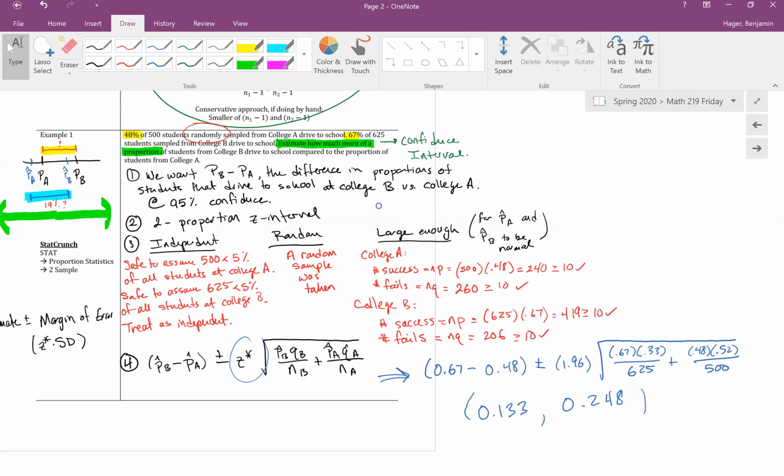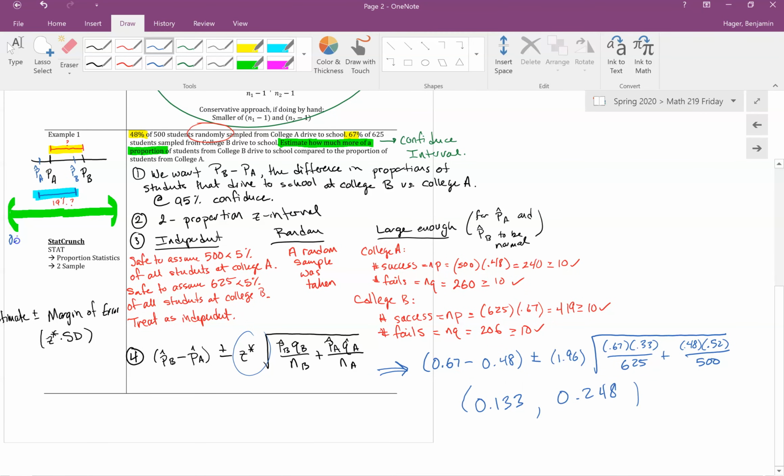All right, so again, this is my window up here, 0.133 and 0.248. Since I'm out of room, I'm going to come up here and interpret that.